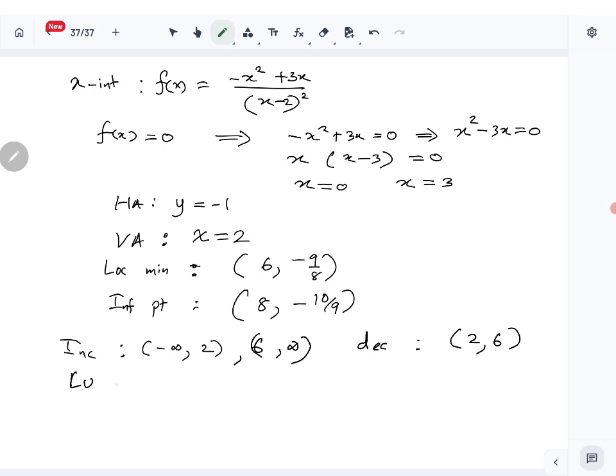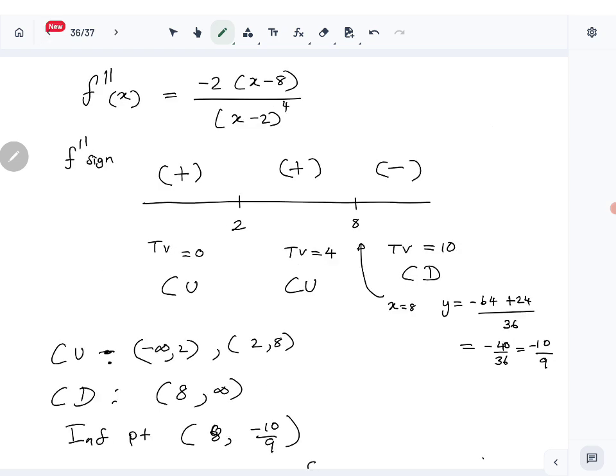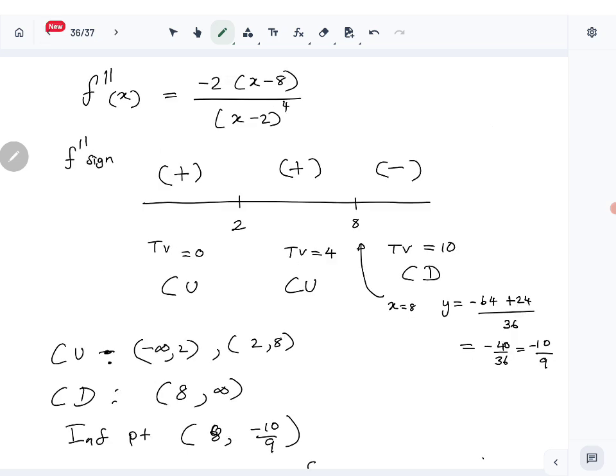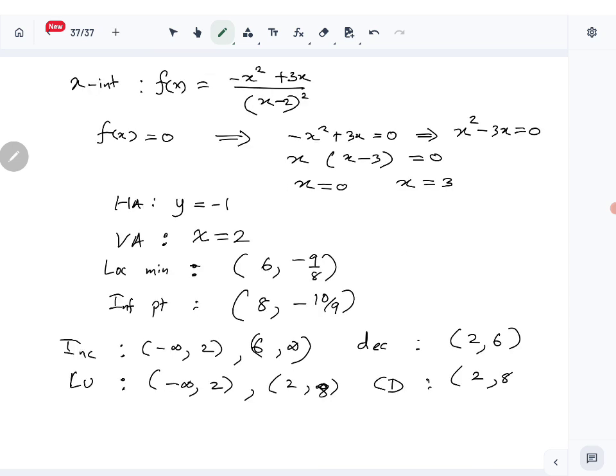And the concave up was minus infinity to 2 and 2 to 8. Concave down was, sorry, this is 2 to 8. Yes, 2 to 8. So concave down was 8 to infinity, right? Right, now using this data, we have to draw the diagram, right?